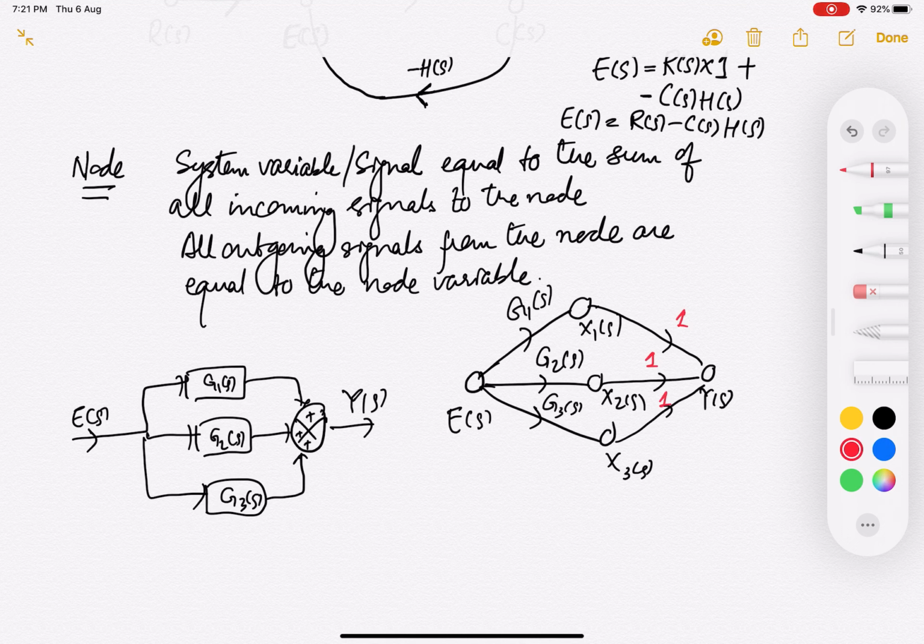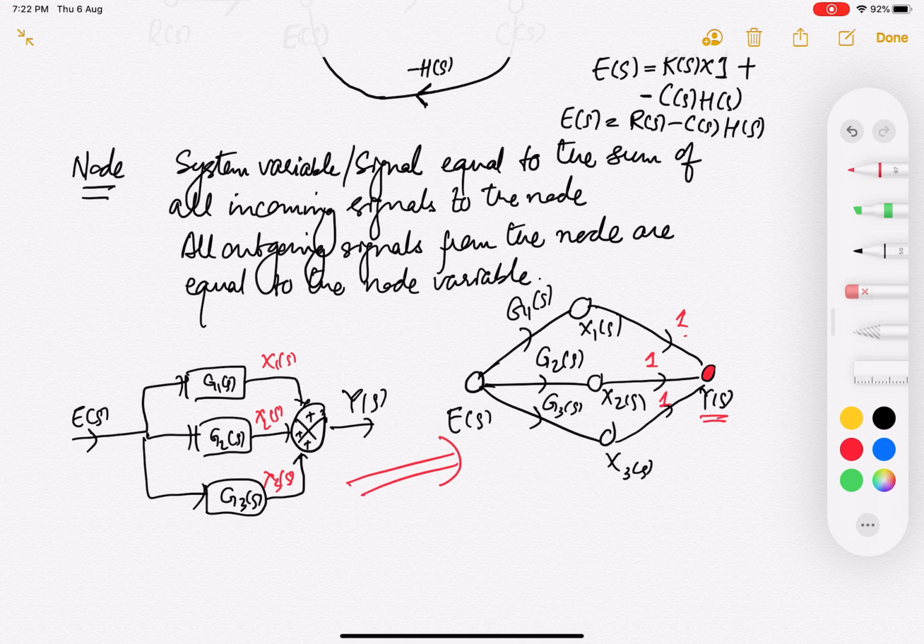So this is the signal flow representation for the parallel configuration. These are your x1, x2 and x3. This is the convention that you follow: the value of the node variable is equal to the sum of all incoming signals to the node. What are the three incoming signals? X1s, x2s, x3s, each multiplied with 1, and that is equal to y of s. Please remember this, it is important.